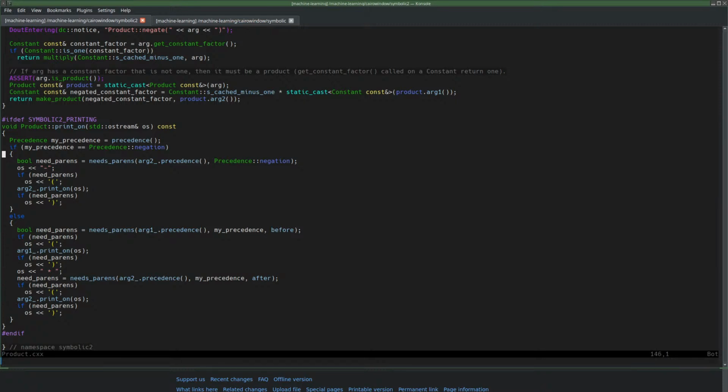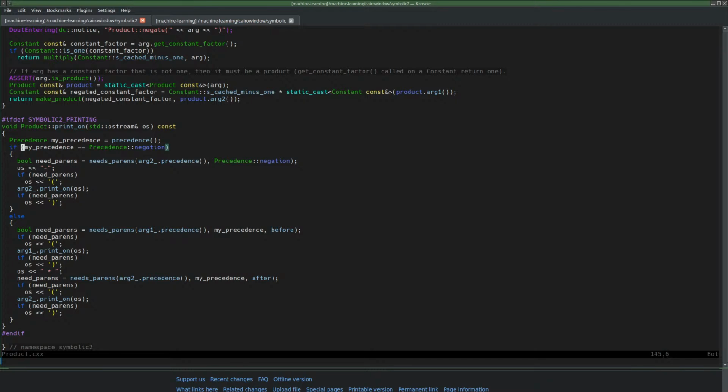Yeah, it should only go in here if the first argument is -1. Not when the precedence is negation.